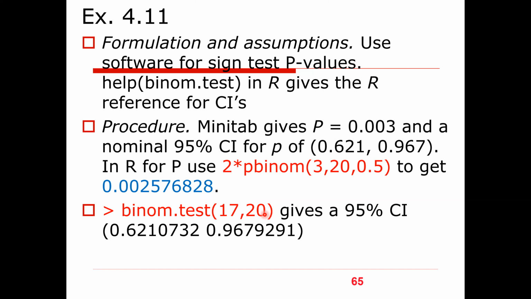And this time we don't need to double it. It gave us the 95% confidence interval of the p. Our hypothesized p is 0.5, but 0.5 is not inside this 95% confidence interval, which means we probably need to reject the null hypothesis.